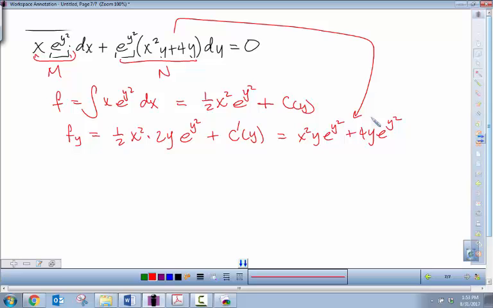And we want to solve for c, so we gather the terms that look like they're the same. And then we say c prime of y equals 4y e to the y squared. And we want to find c. It's just 2y e to the y squared.